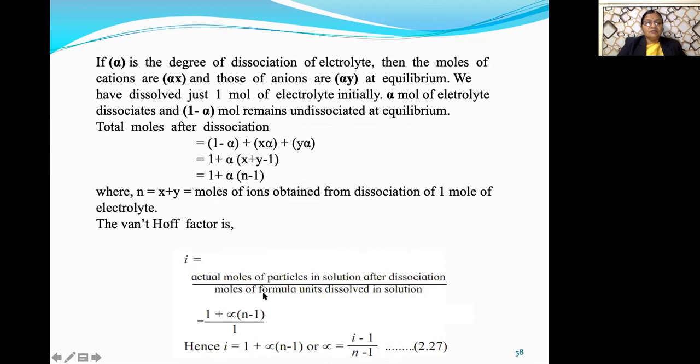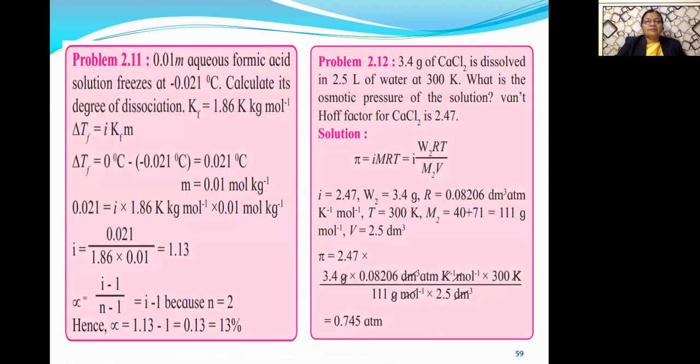So the Van't Hoff factor i becomes 1 plus alpha into n minus 1. Simplifying, the final equation becomes alpha is equal to i minus 1 upon n minus 1, where n is equal to x plus y. This gives the relation between degree of dissociation and Van't Hoff factor i.